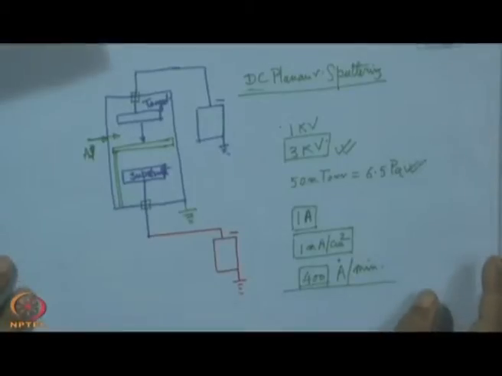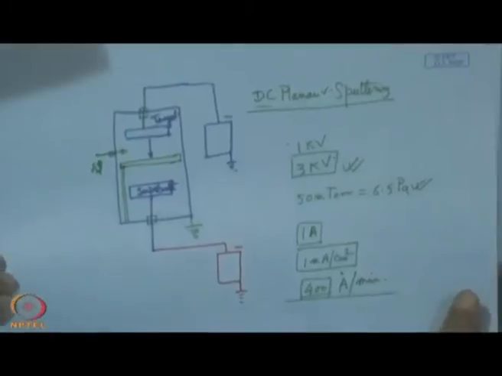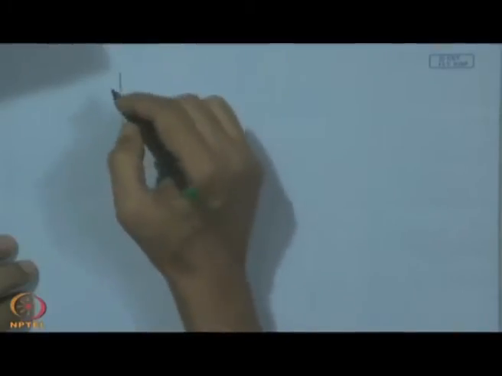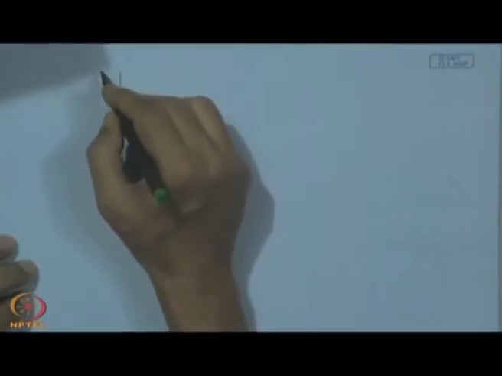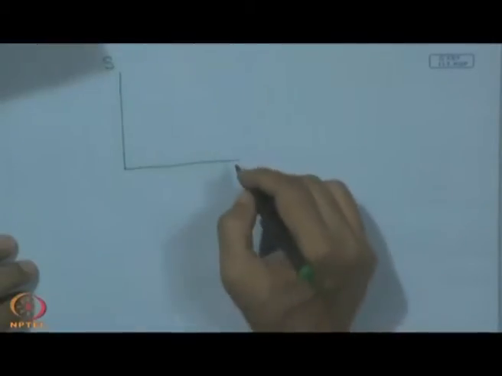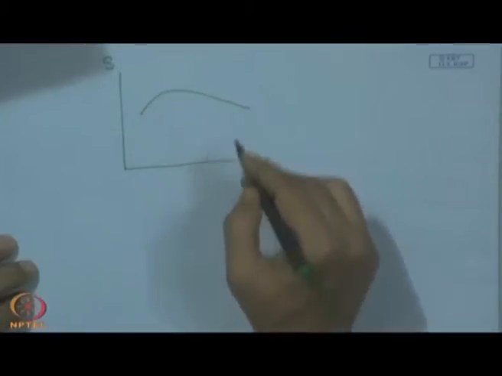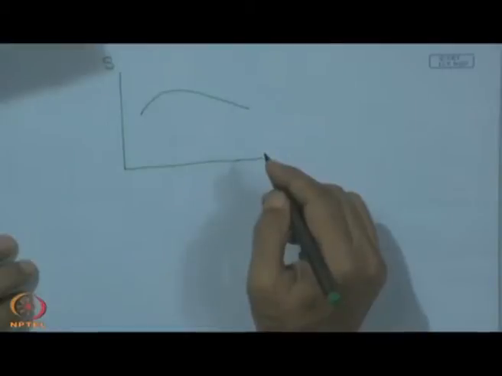Now, there have been a lot of attempts to increase this voltage, but this increase of voltage does not mean that this material erosion rate or sputtering yield will increase, rather it will keep on falling. So, if we consider sputtering yield S, that means atoms per ion, it may take a shape something like this even with increase of electron volt.